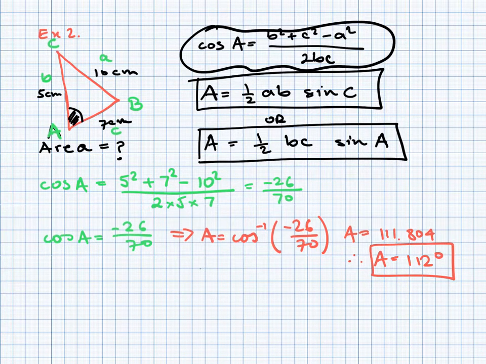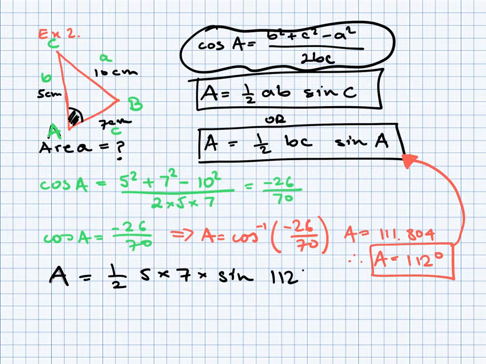Now we're going to have a look at the area. Because we have angle A, we're going to use this formula, with sin of A. So the area is equal to half times b, where b is 5, times c, where c is 7, times sin of 112.